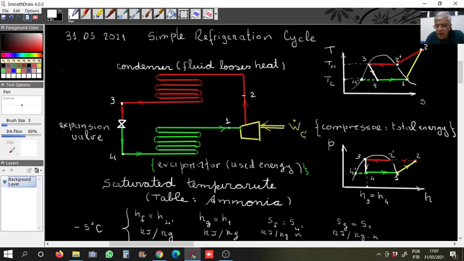Now, you can see down here, look, from 4 prime to 1, the pressure is the same. You see here? This is the diagram of pressure and enthalpy. That's important because the process from 3 to 4, look at the left, is the expansion valve.